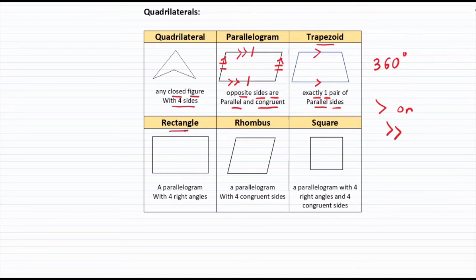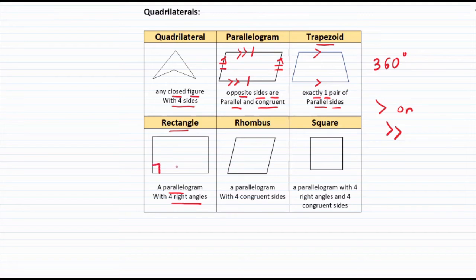rectangle. A rectangle is a parallelogram with four right angles. That means rectangles have the features of a parallelogram. That is, opposite sides are parallel and congruent, and along with this property, they will have four right angles.